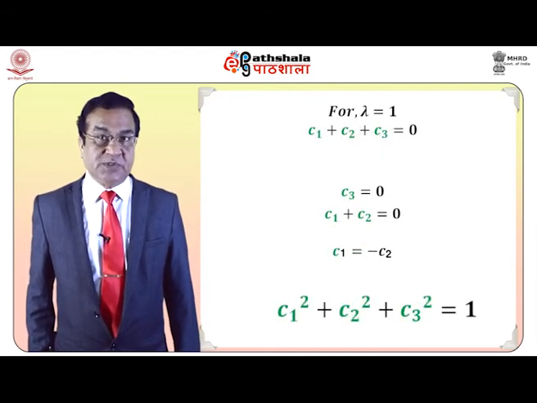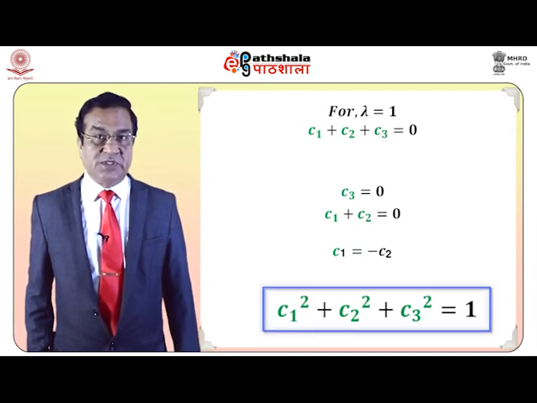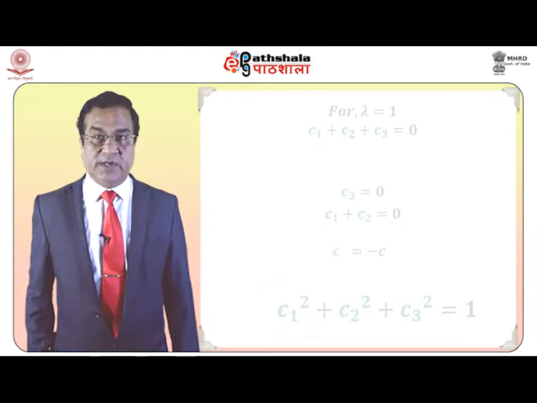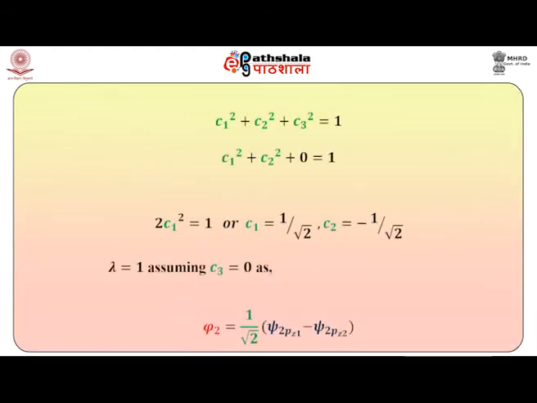And then there is also a normalization condition according to which C1 square plus C2 square plus C3 square is equal to 1. And if we put C3 equal to 0, then it becomes C1 square plus C2 square is equal to 1.